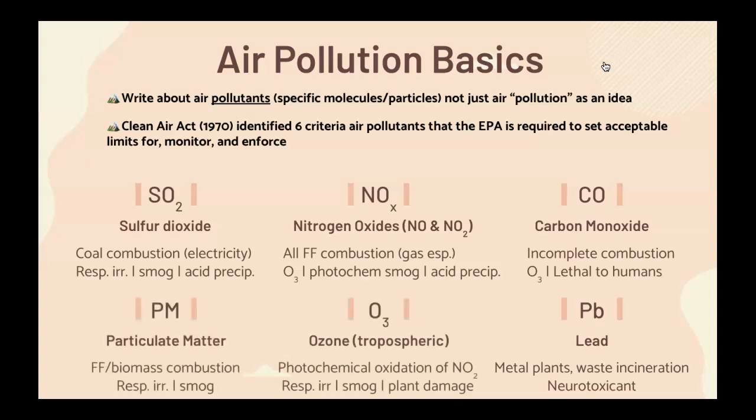And then the last criteria air pollutant is particulate matter, and particulate matter particularly comes from fossil fuel combustion and also biomass combustion. It is a respiratory irritant and also can lead to smog formation.